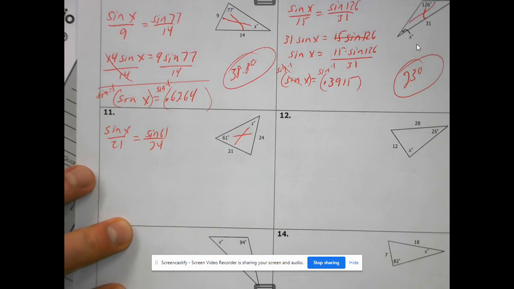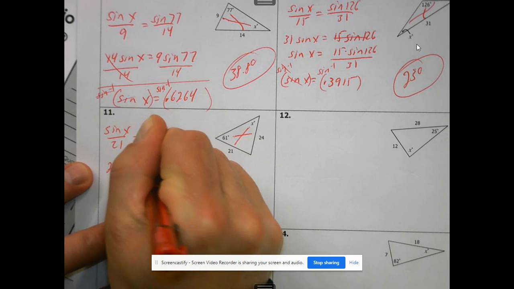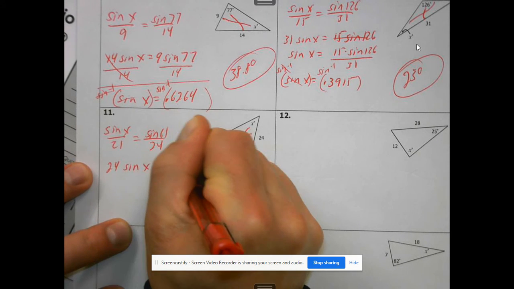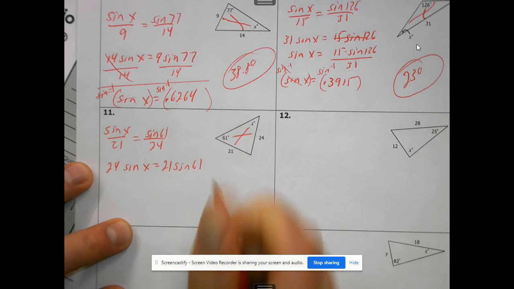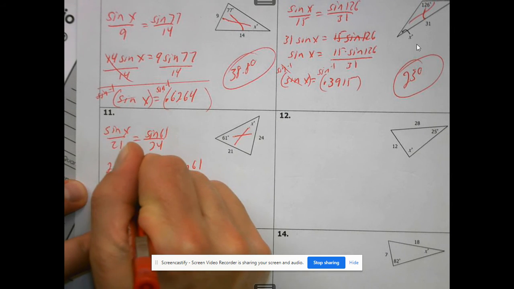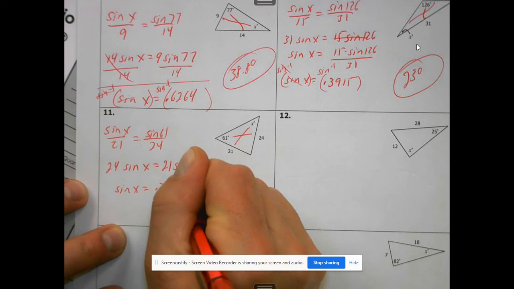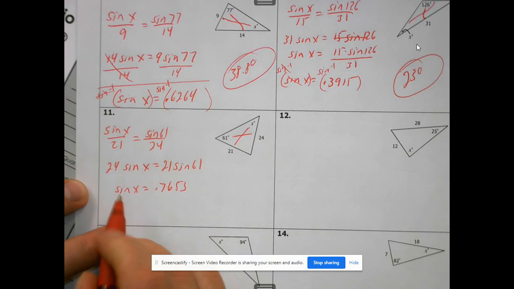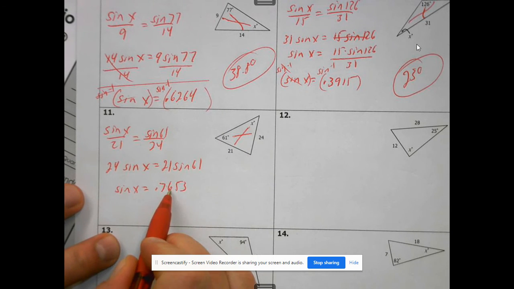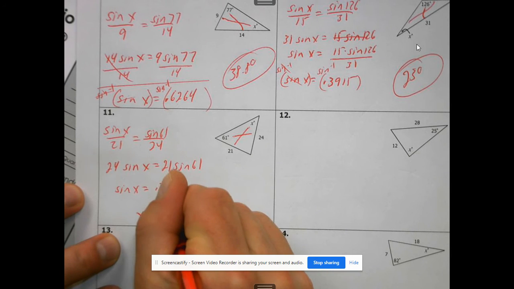Cross multiply. 24 times sine x equals 21 times sine 61. Divide both sides by 24. And save some time. That comes out to be 0.7653. Inverse sine both sides. Degree comes out to be 49.9 degrees.